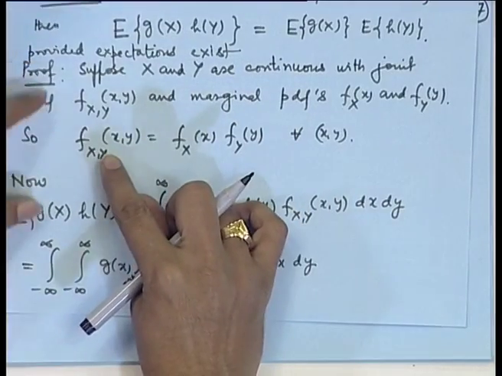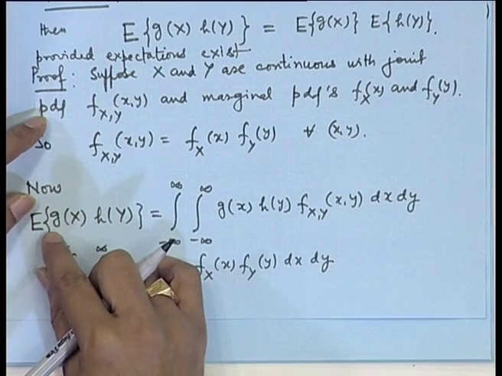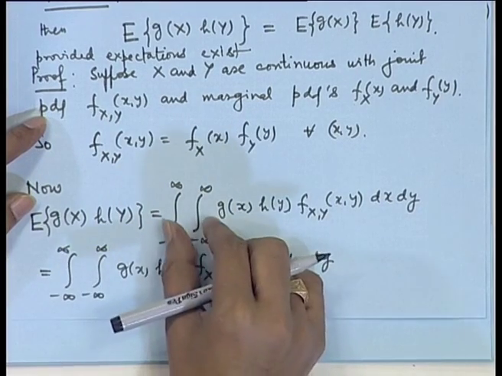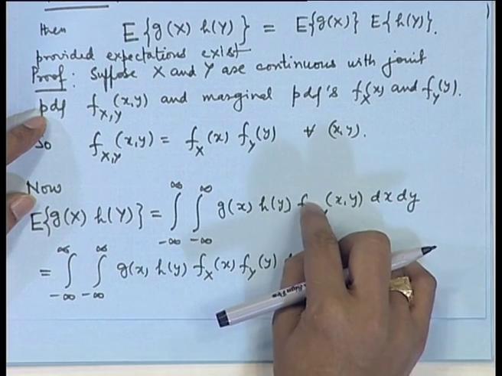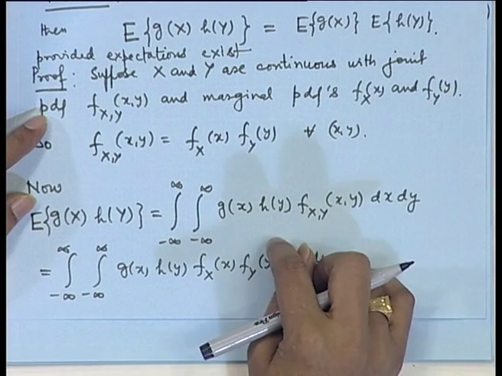A similar proof can be given in case the random variables are discrete, because here the integrals can be replaced by the summations and the density function can be replaced by the mass function.